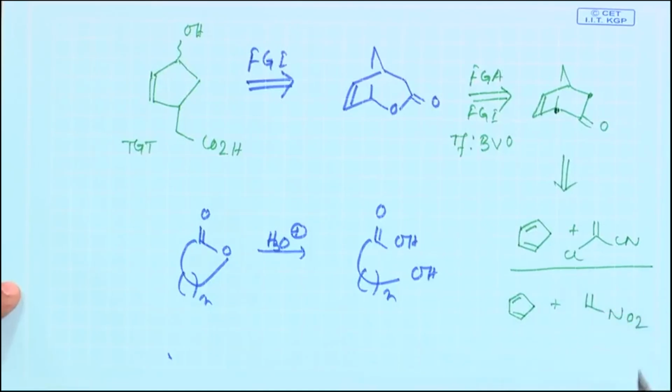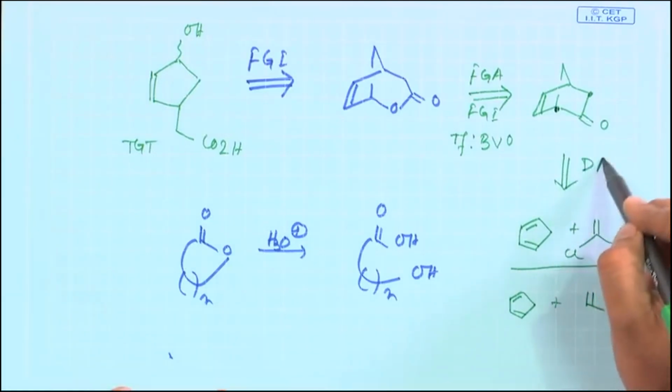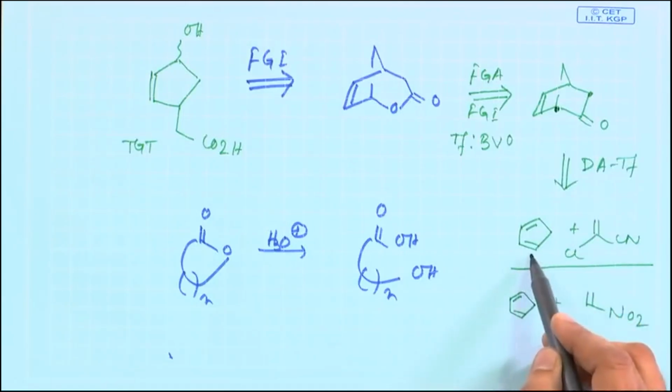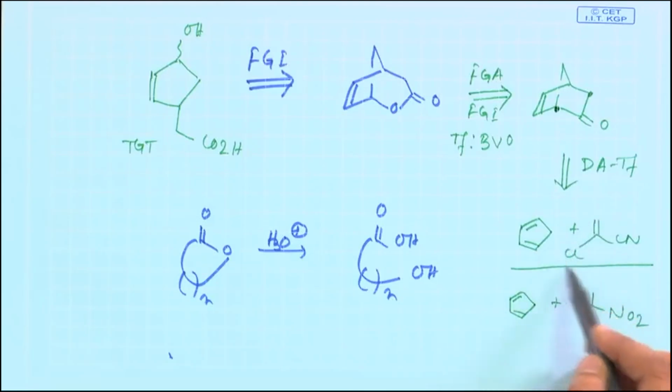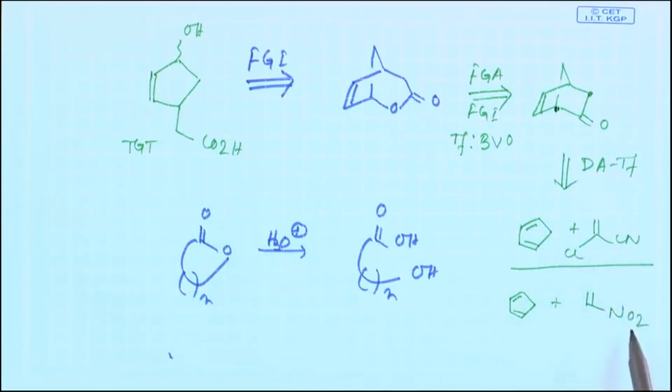So, this is a Diels-Alder transformation. To access this molecule you need cyclopentadiene as the diene, and take either this chloroacrylonitrile or this vinyl nitro compound for the Diels-Alder. After the Diels-Alder, you have to remove either the Cl and CN or the nitro by the Nef reaction or another reaction.